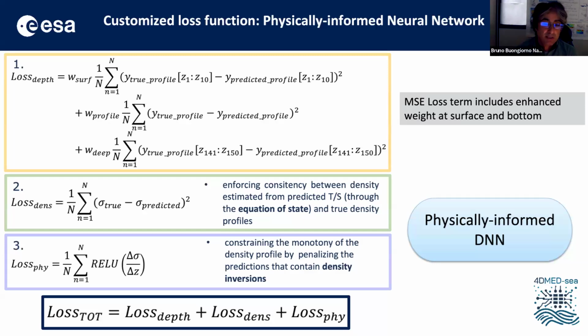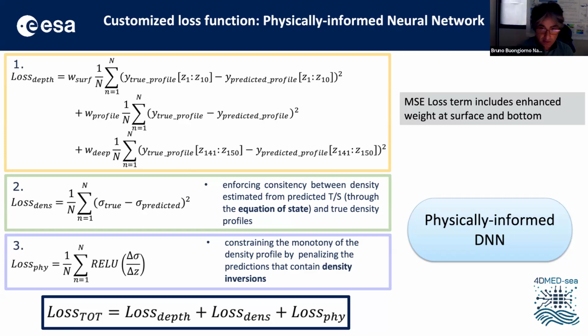And this is done by selecting the proper terms in the loss function. So our loss function, the function that is minimized during the training of the network, so the parameters are optimized to get the lowest loss possible, is composed of 3 terms.